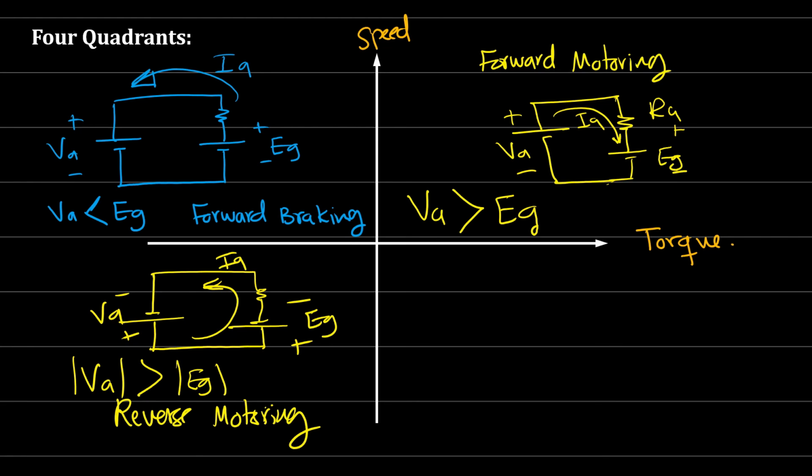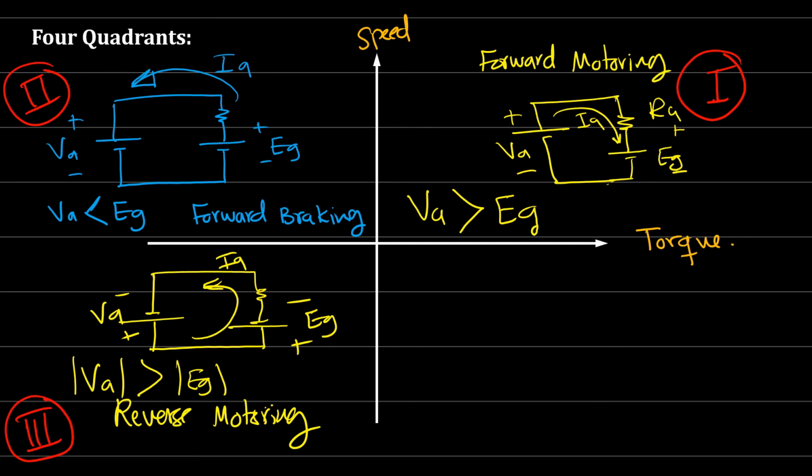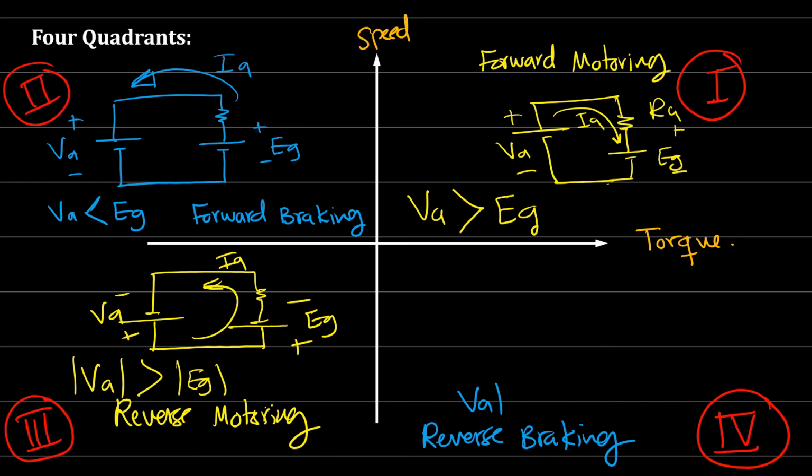Now the last quadrant. So let's say that this is the first quadrant, this is the second quadrant, here we have the third, and here we have the fourth quadrant. So the fourth quadrant is what we call the reverse braking. Again, VA is smaller than EG, but the direction here will be different.